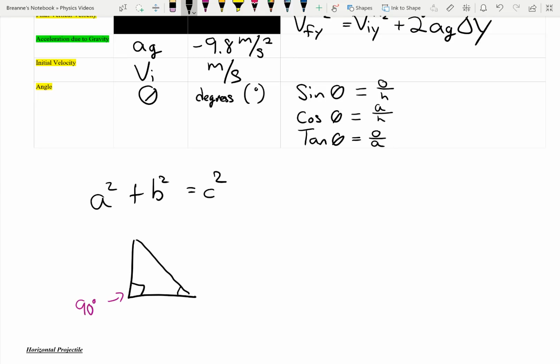If your angle is over there, then this becomes your opposite, that becomes your adjacent, and that is always your hypotenuse. It doesn't matter which one you make a or b, so we'll just make this a, b, c.